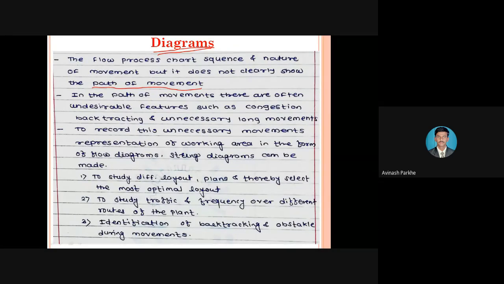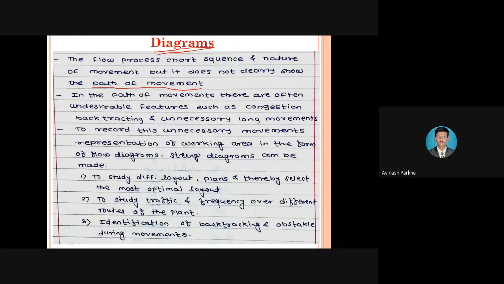Such types of path cannot be represented by using all the types of charts. Only vertical lines: operation number 1, operation number 2, then inspection, then storage, then idle, then again operation. Only you will get the overall picture.